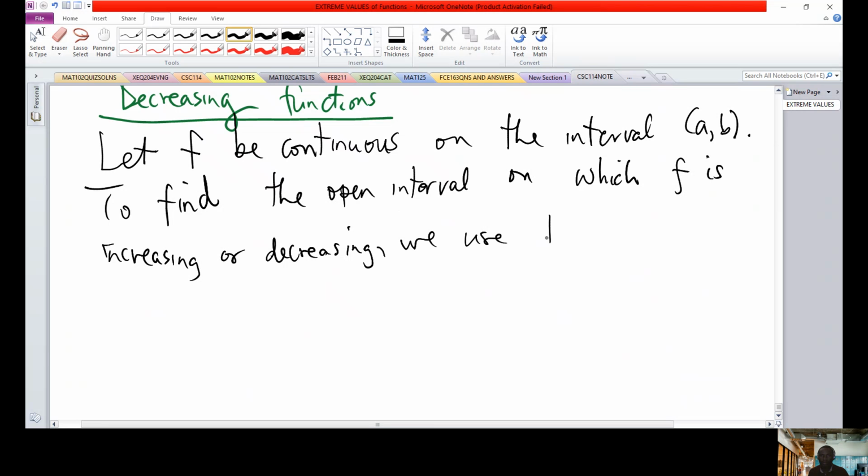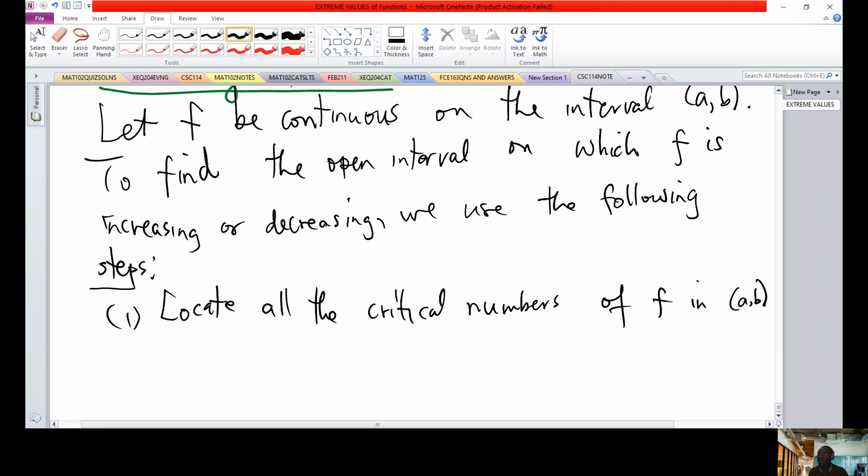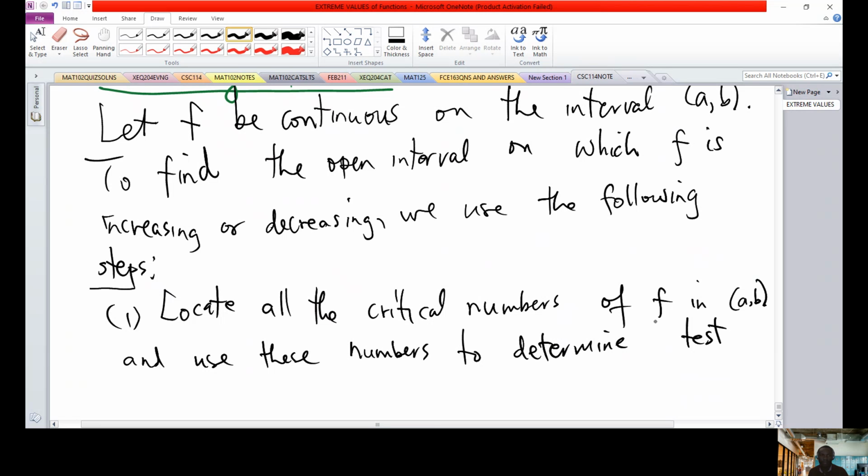we use the following steps. One, locate all the critical points or critical numbers of f in this open interval AB, and use these numbers to determine test intervals.